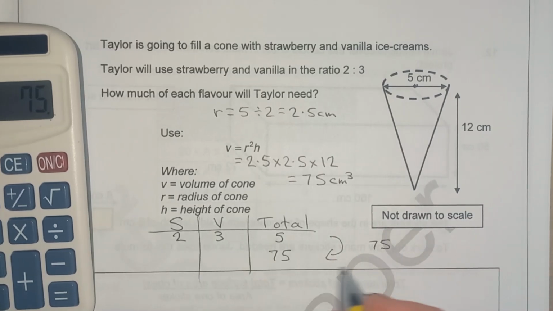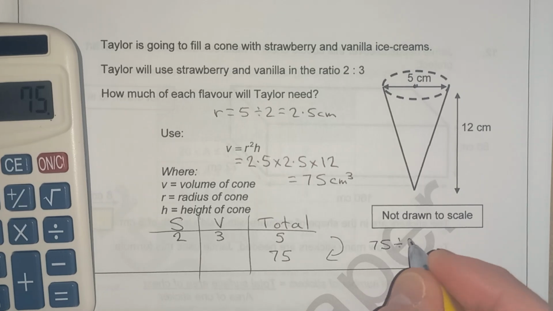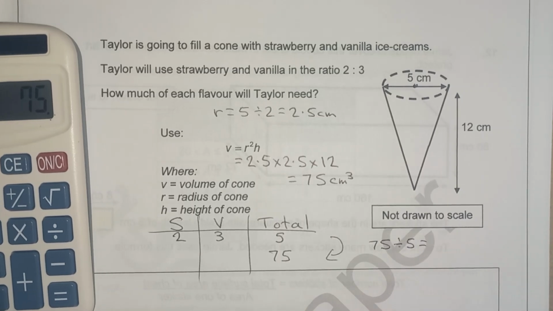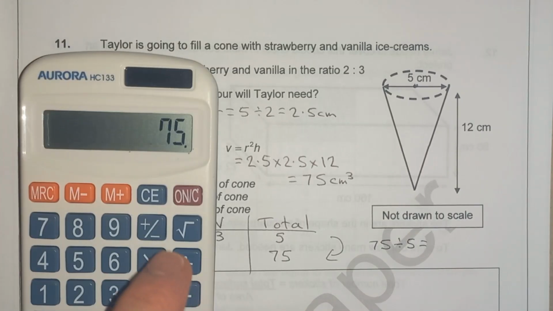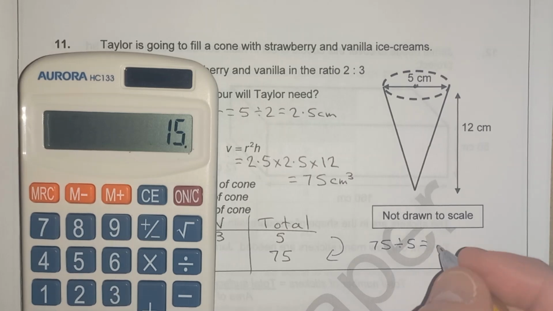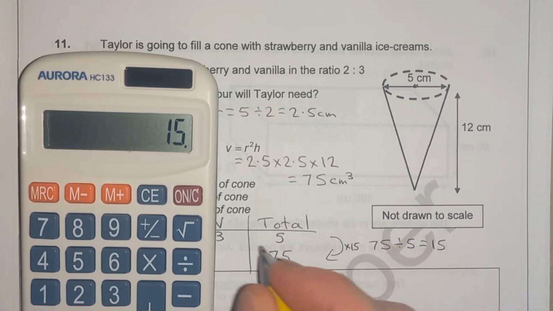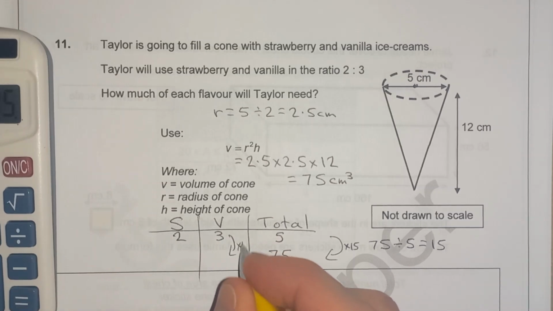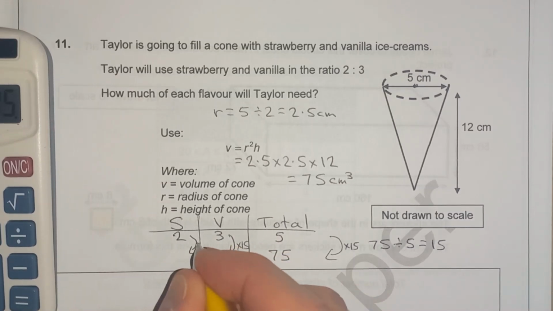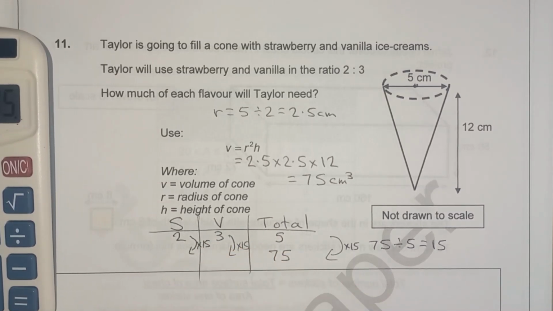So let's think backwards. Let's think 75 divided by 5. We've still got the 75 there. Divided by 5, we get 15. So we want to multiply everything on the top row by 15 to get down to the new row.